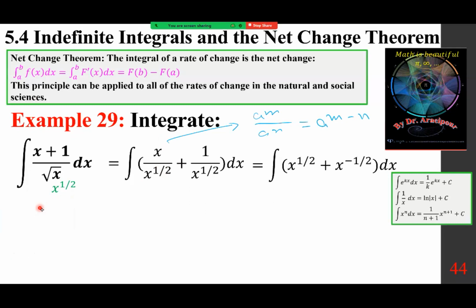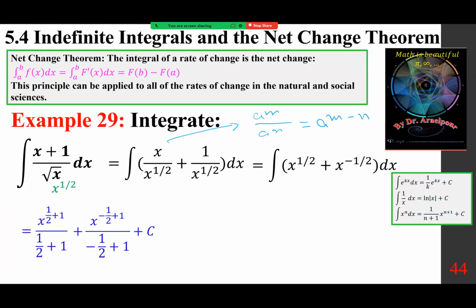We are going to use the power rule, so we're going to add 1 here and divide by it. So 1 over 1/2 plus 1 to the power of 1/2 plus 1. We're going to do the same thing here. We're going to add 1 here and divide by it. So 1 over negative 1/2 plus 1 to the power of negative 1/2 plus 1, and a constant. So 1/2 and 1, that's 3/2.